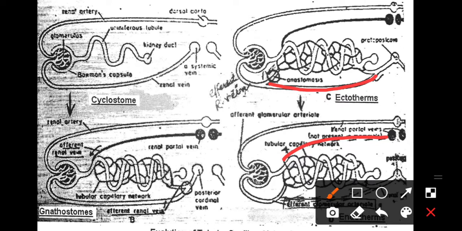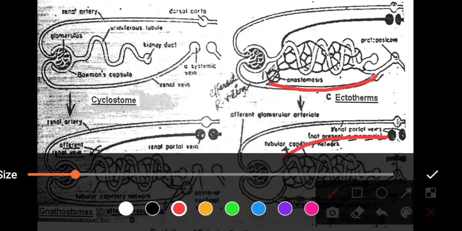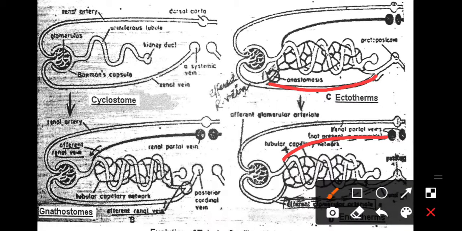So what we have is that the blood will flow from the efferent renal vein, and it will go into the anastomosis. It will run through the tubular capillary network. It will go out from this tube which was developed in this region, and it will go into the posterior cardinal vein.